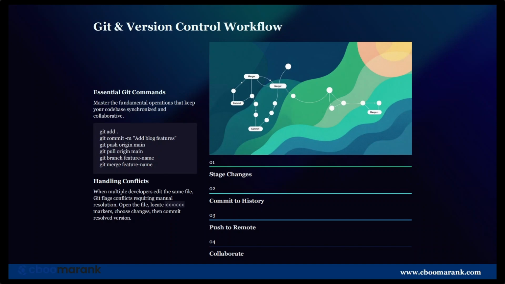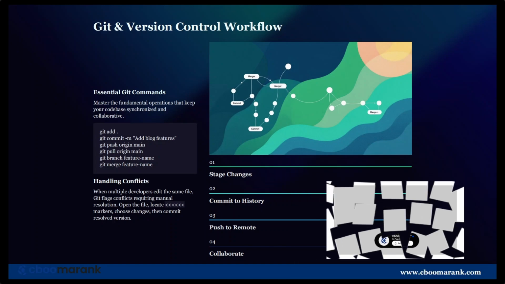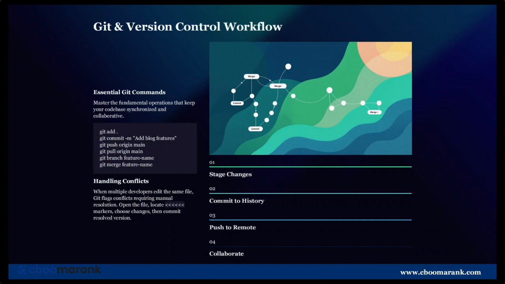First, we stage our changes, then commit them with a message, then we push them to a remote repository. This creates a history of your project over time, and if something goes wrong, you can always go back. So in real-world development, this is not optional; it is essential.